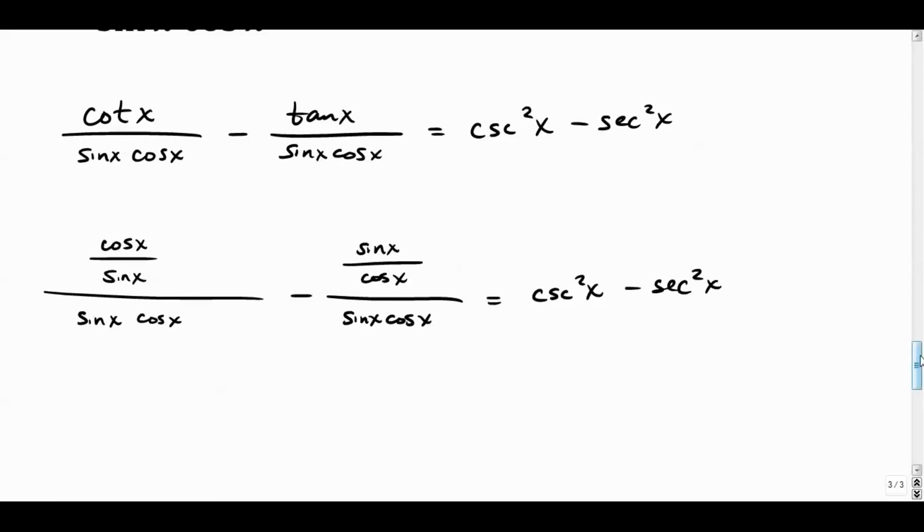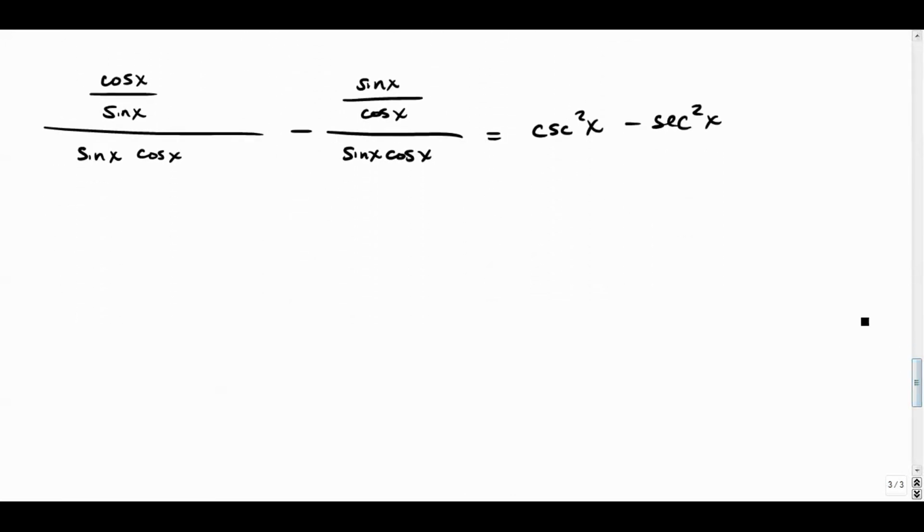Okay, so I've got some algebra to do here. I split these up for a reason, so I definitely don't want to combine them back together. I want to keep them separate. And what I'm going to do is say, okay, if I have a fraction divided by this thing, what that actually is, is multiplying by the reciprocal of this.